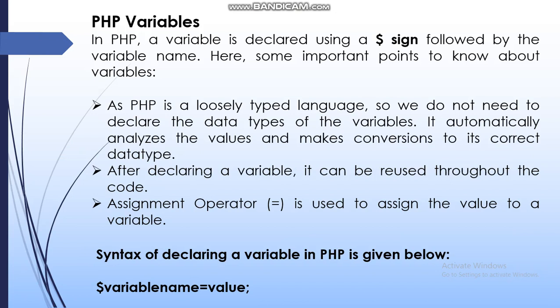But in PHP we do not need to declare the data types of the variable. It automatically analyzes the values and converts to the correct data type, so no need to declare any data type with that variable.